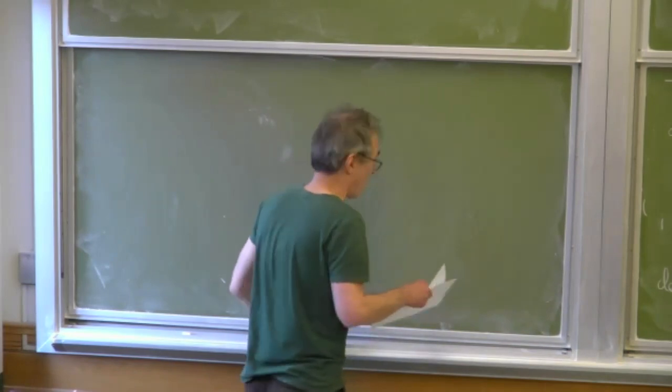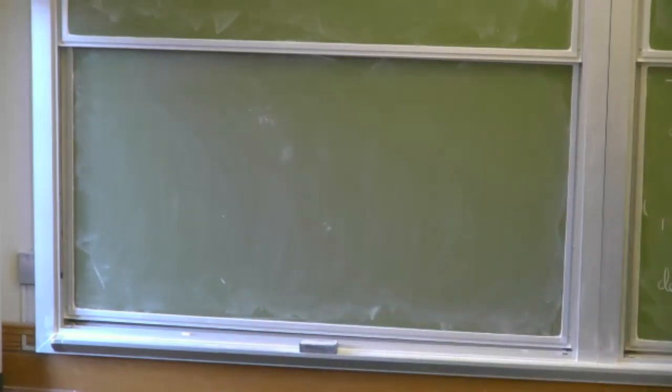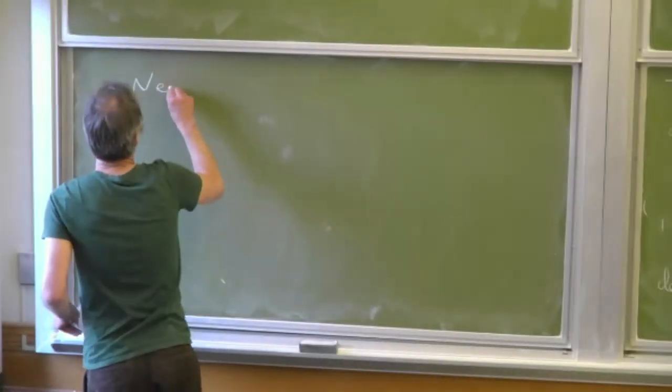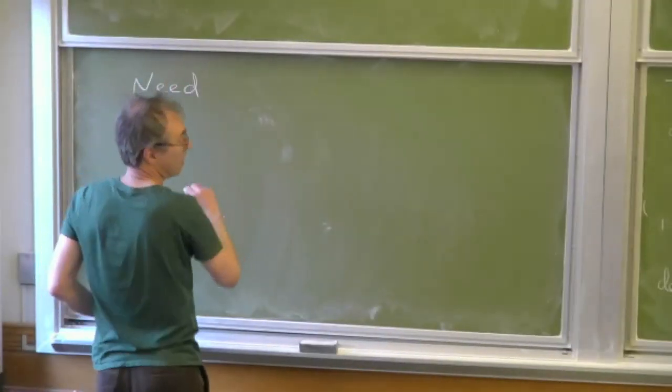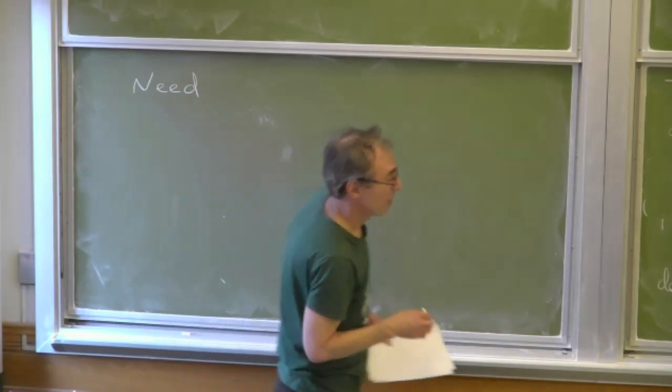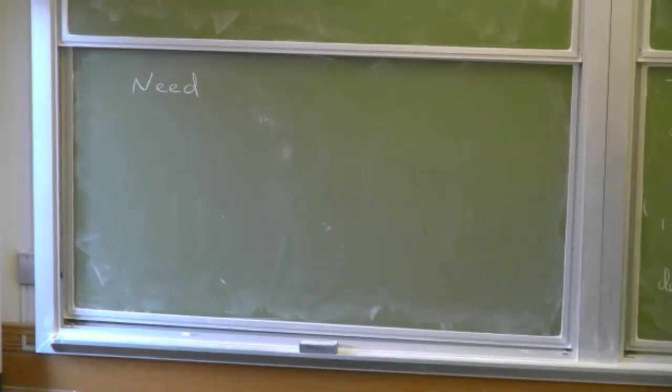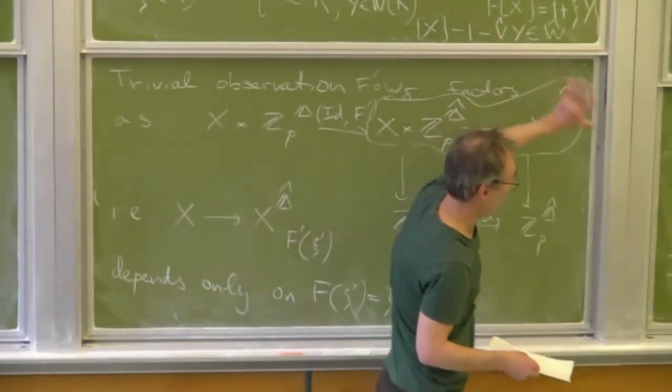It's a question of verifying some property. So what we need to check is that, we have this, and we want to prove this.